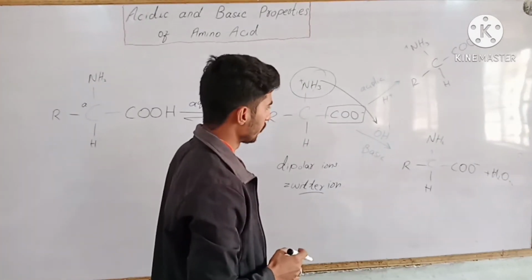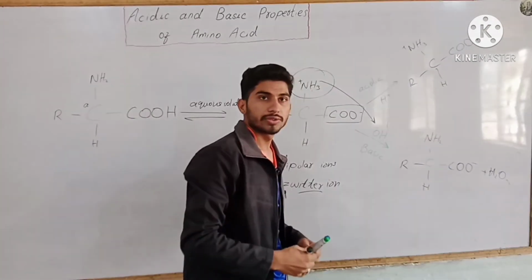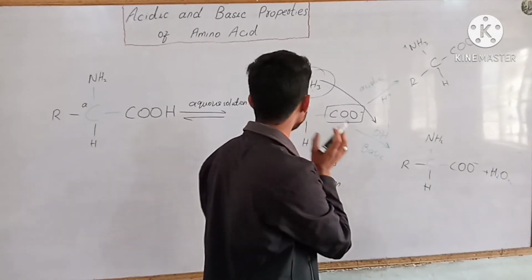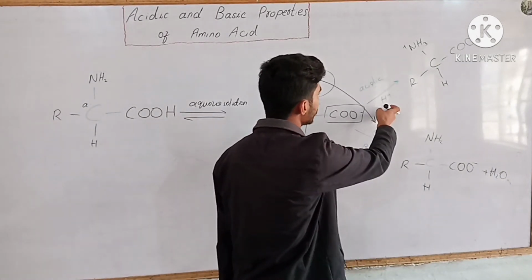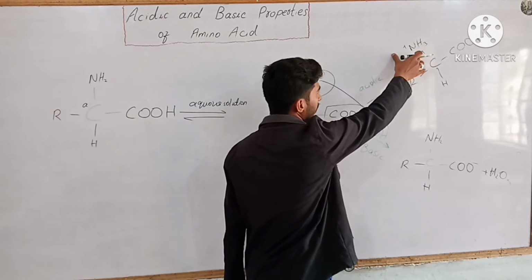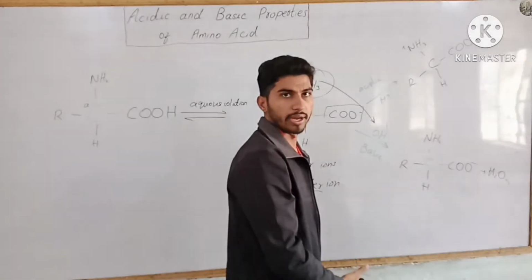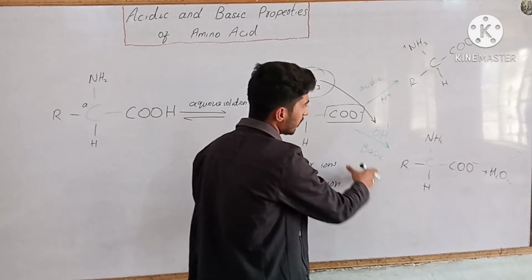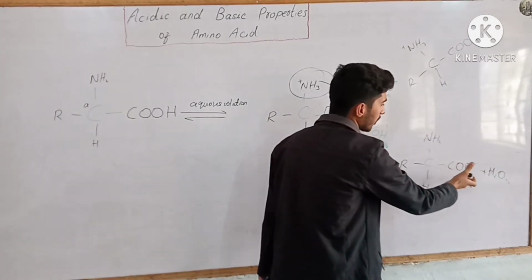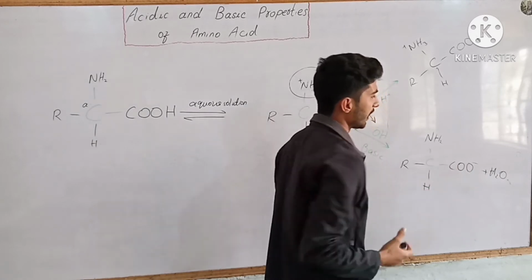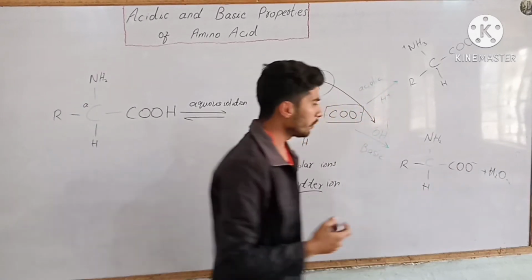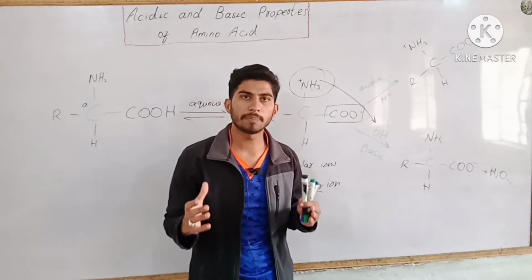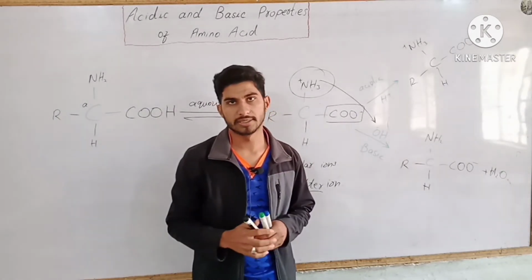So the concept is clear that if we put the amino acid in acidic solution, the positive end of the amino acid is retained, and if we put it in a basic solution, the negative end of the carboxyl group is retained. Now we will use the Henderson equation to determine the pH of amino acids.